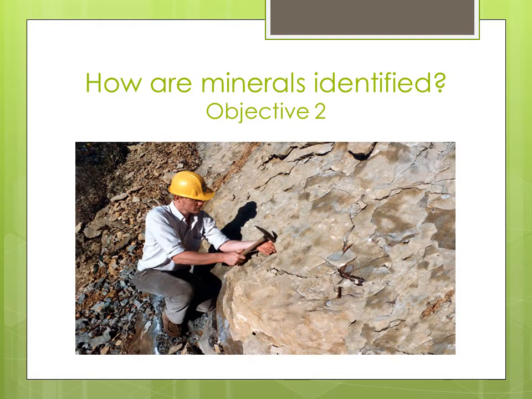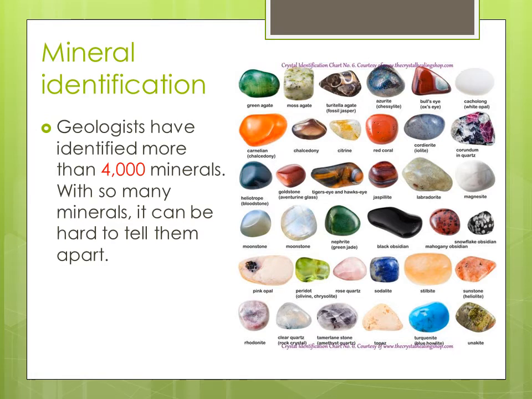Our second objective: how do we identify minerals? Let's see. First of all, you may think to yourself, well, it can't be that hard to identify some minerals. How many can there be? Well, geologists have identified more than 4,000 minerals.